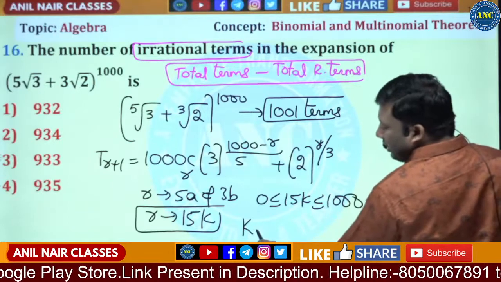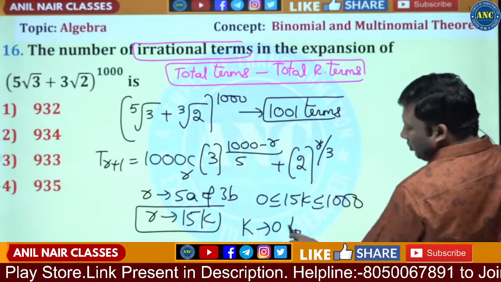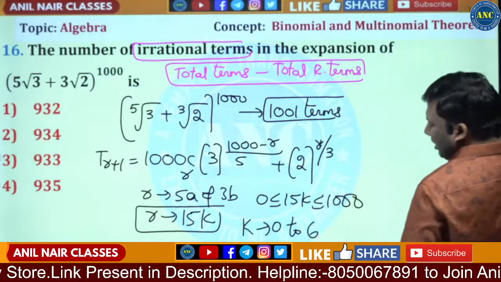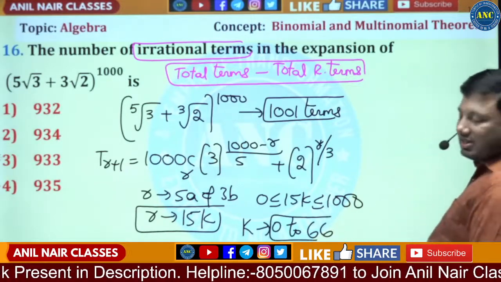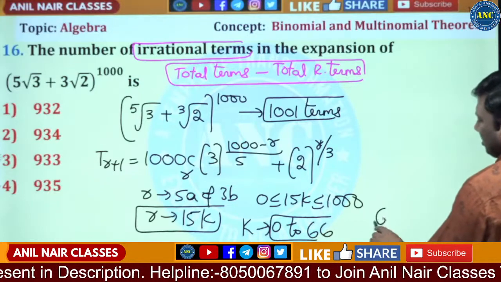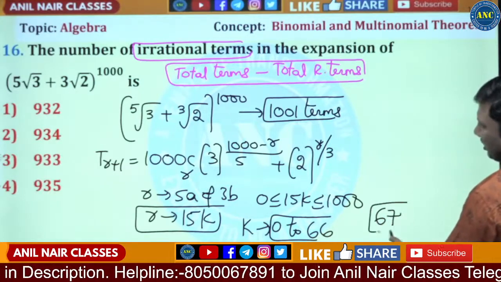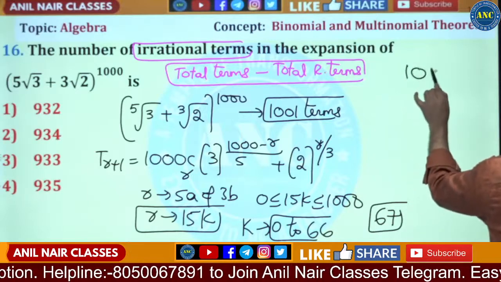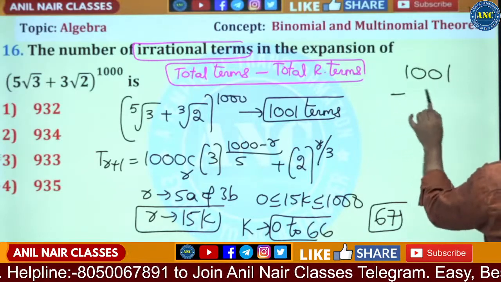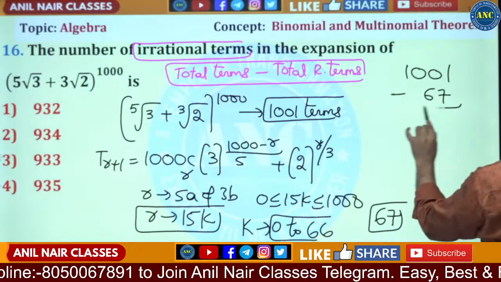K can take values from 0 to 66, since 15 into 66 is 990. So 67 rational terms are there. Total terms are 1001, out of which 67 are rational.